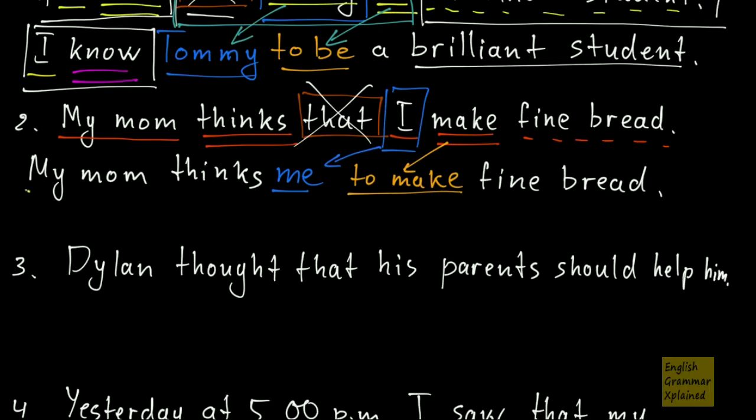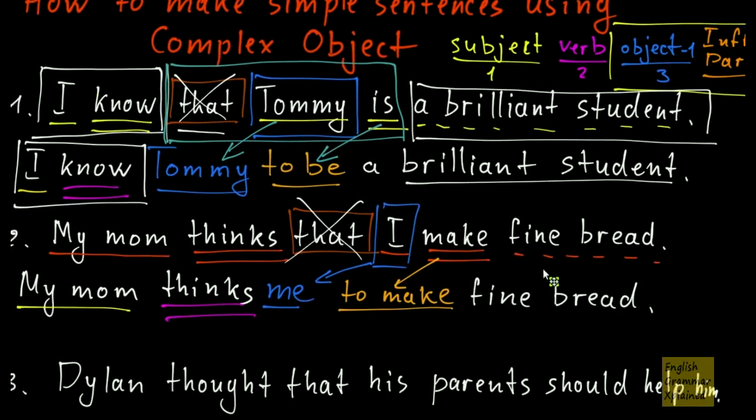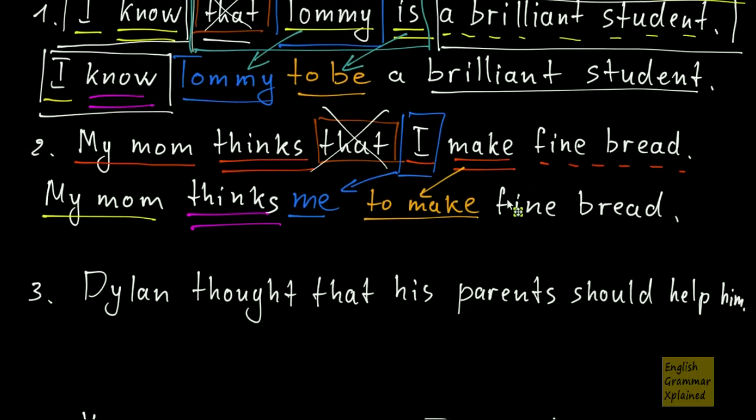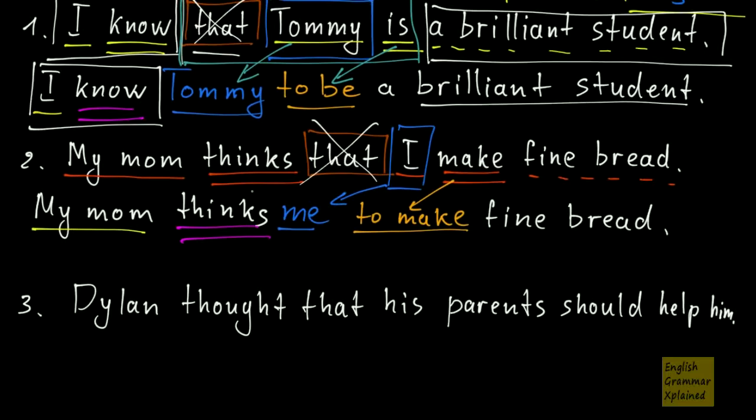So I have my subject and my main verb. As you can see, I take the first part of my sentence, subject and main verb, from the beginning of the sentence, from the main clause, as it is called.